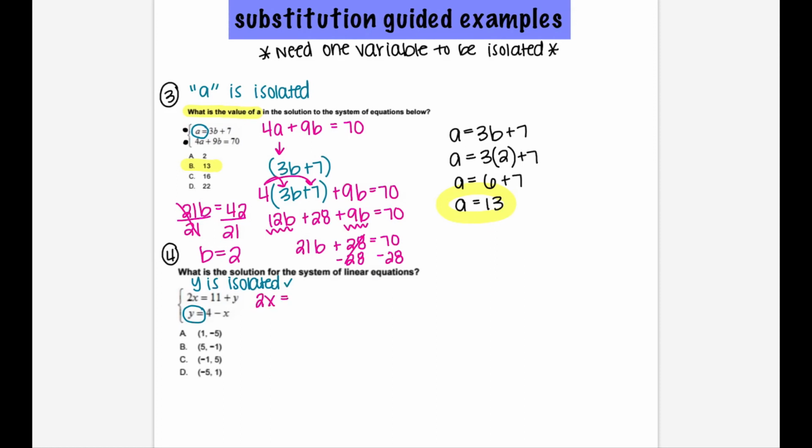Okay, so looking up here at this first equation, we have 2x equals 11 plus y. Now, I know that y is equal to 4 minus x. So instead of y, I'm going to put 4 minus x in its place.